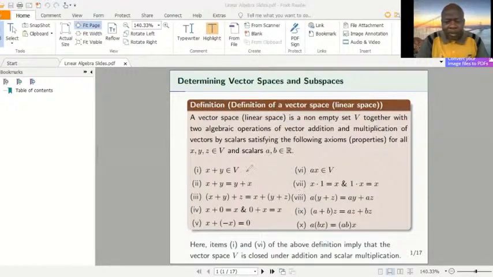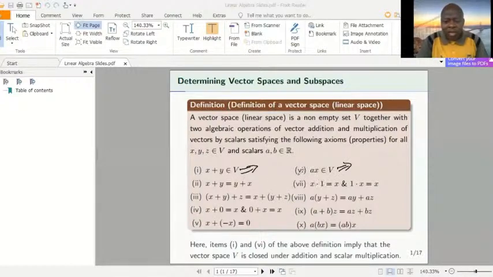Now, what I'll be showing you today is not actually to go through all the 10 properties to tell if a set is a vector space, but I'll just be using this. It's enough just to use the first property and the sixth property to tell if a set is a vector space.